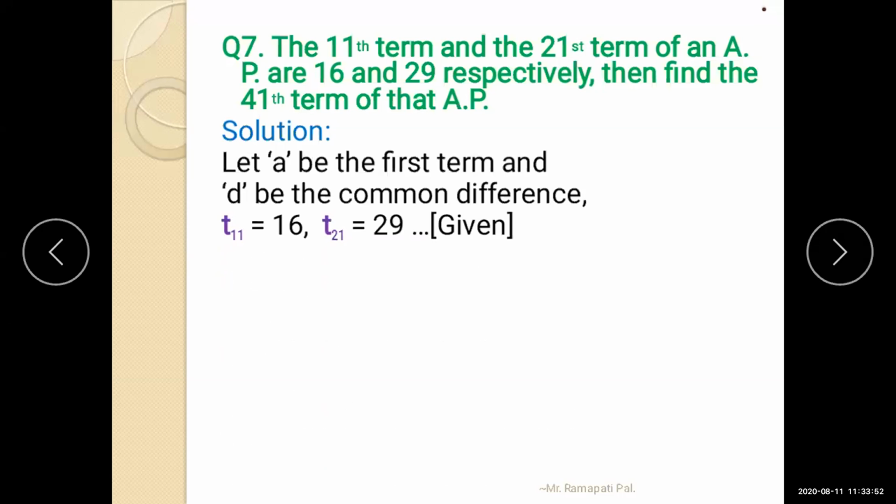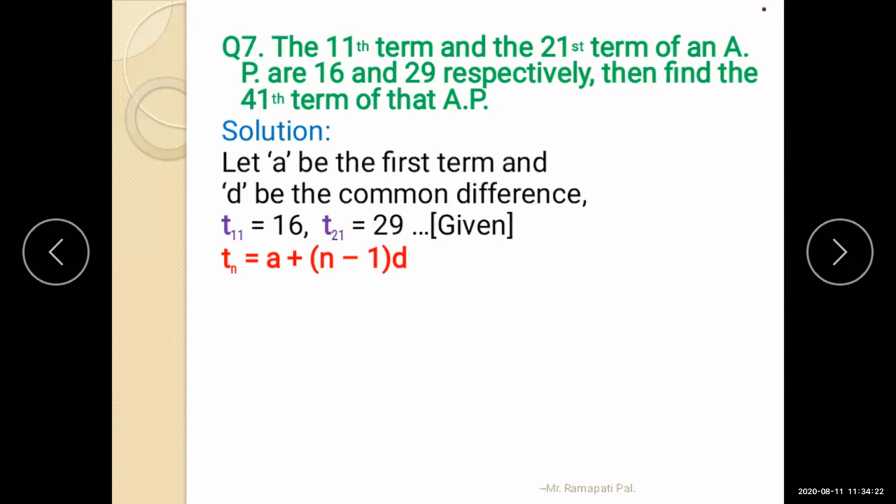Now use the formula Tn is equal to A plus (n minus 1) D. We will use the 11th term first, and we will get one equation.